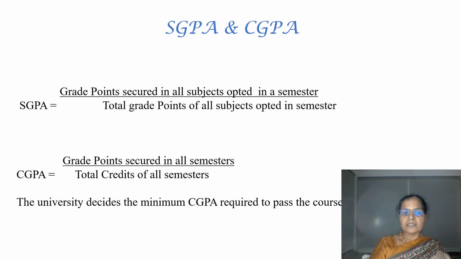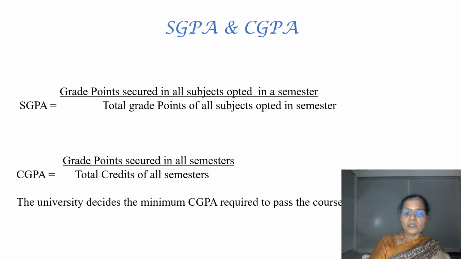See, the semester grade point average is got by adding all the grade points secured by a student in all these subjects in one particular semester, dividing it by the total grade points of all the subjects opted by him in that semester.